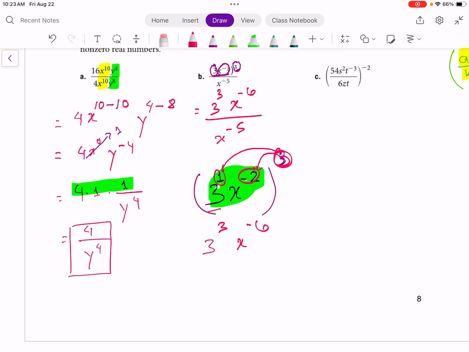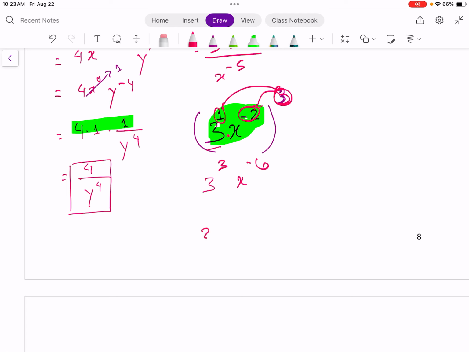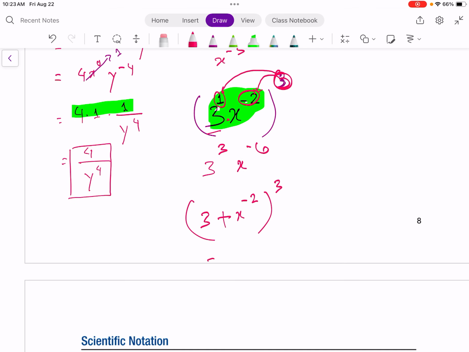And here in between 3 and x is the product. For example, if we had something like (3 plus x to the power minus 2) to the power 3, you can't write it as 3 to the power 3 plus x to the power minus 6. This is wrong. It has to be in a product form.